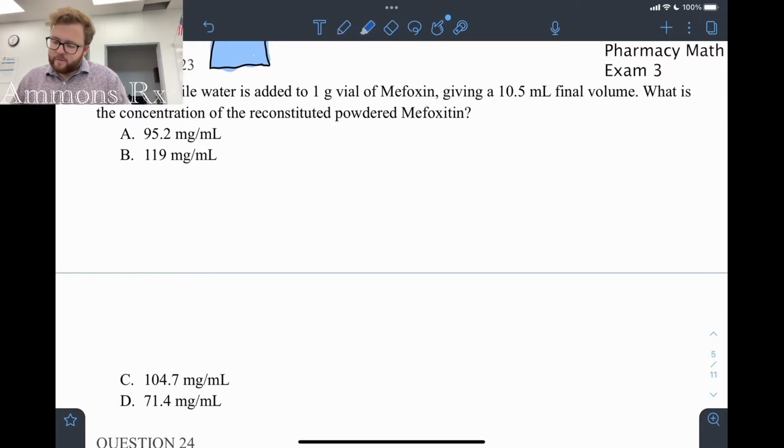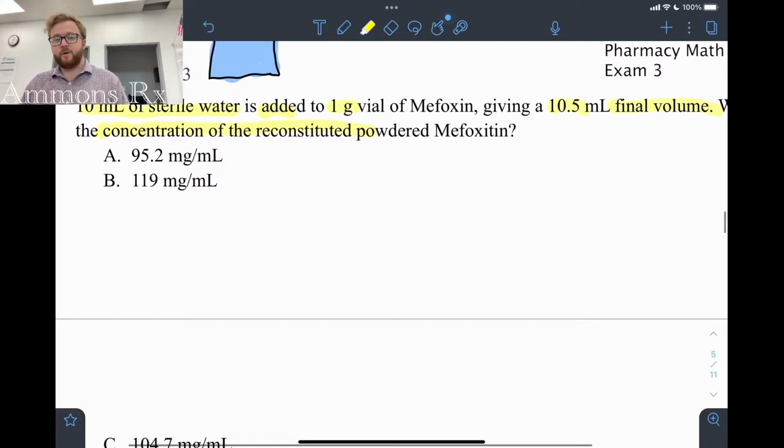10 mils of sterile water, let me change that color back. 10 mils of sterile water added to 1 gram, giving it 10.5 mils of final volume. What is the concentration? Okay, so this is a little bit different because it's asking you the concentration, not asking you final volume.